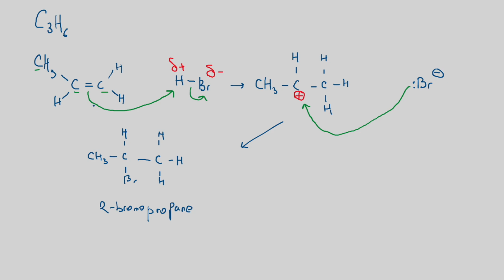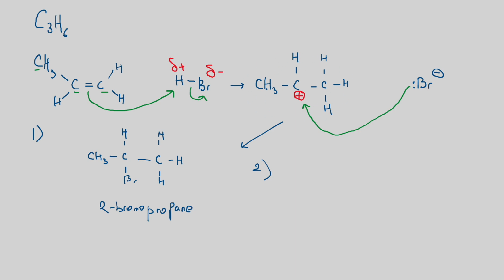Okay, so what will happen? Let me draw. In the first case we had 2-bromopropane. In the second case, let me redraw this. So the intermediate is a little bit changed.